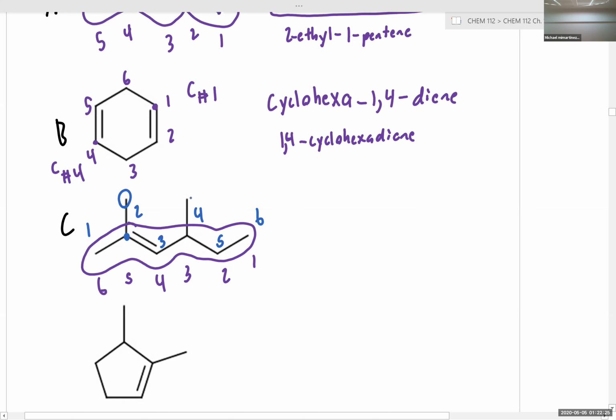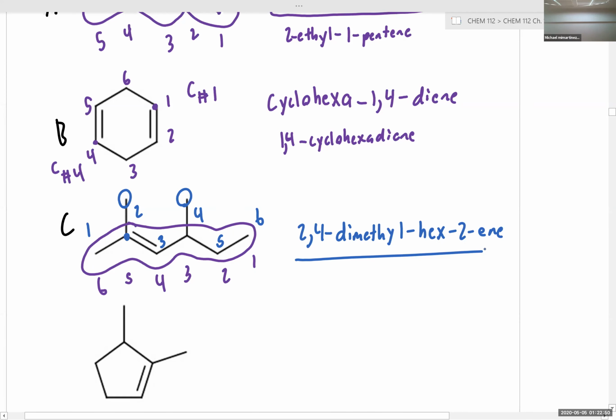We have two methyl groups, so we call this 2,4, and since we have two methyl groups, we use the prefix di. So this is 2,4-dimethyl. 6 carbons is hex, and then we specify that it's at carbon 2, so this would be hex-2-ene. Perfect.